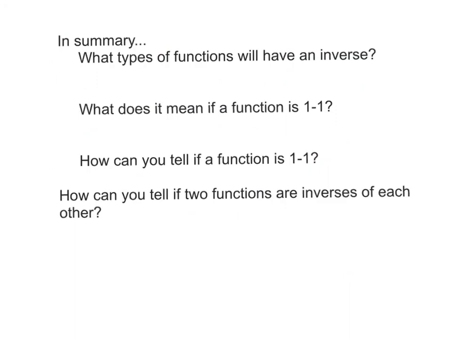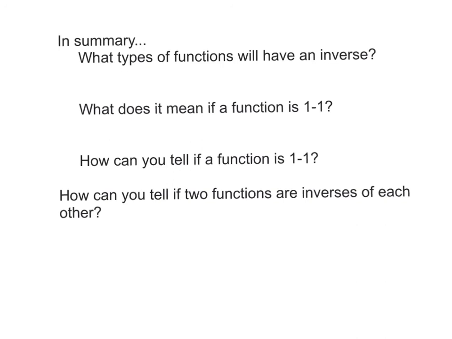So in summary, what types of functions will have an inverse? Only functions that are one-to-one have inverses. What does it mean if a function is one-to-one? It means that one particular x will always be seen with one particular y, and y comes from one particular x. How can you tell if a function is one-to-one? The simplest way to tell if a function is one-to-one is to do the horizontal line test on a graph.